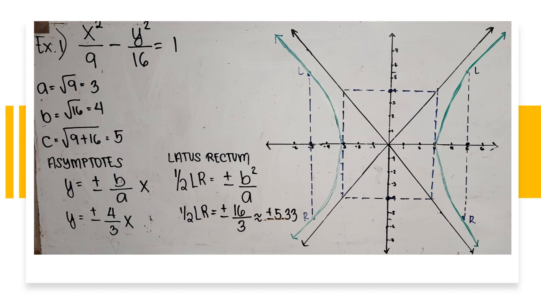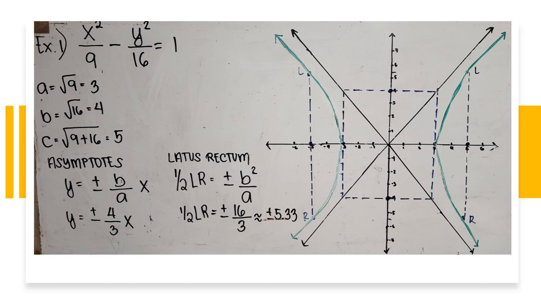So we have the solution to the equation x squared over 9 minus y squared over 16 equals 1. Notice that we first took the values of a, b, and c. A here is the variable representing the value for our vertices. Since a squared is equal to 9, we just get the square root of 9, which is equal to 3.